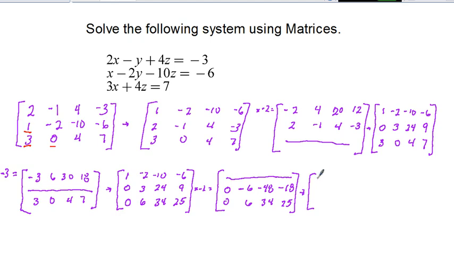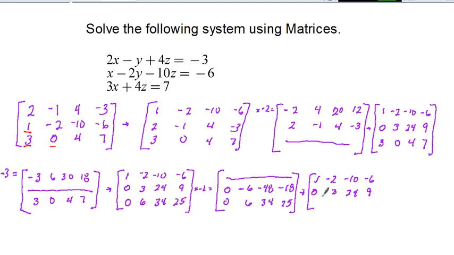So now go back to inserting our normal row 1. So 1, negative 2, negative 10, negative 6, and then we have row 2, which is 0, 3, 24, 9. And now we're adding these two.